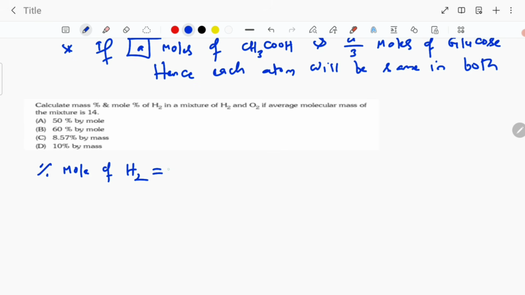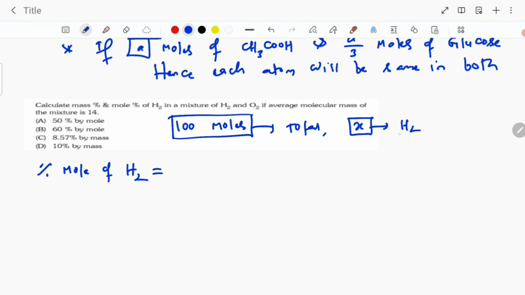I am first referring to 100 moles total. So in that, X moles is hydrogen, then 100 minus X moles is oxygen.